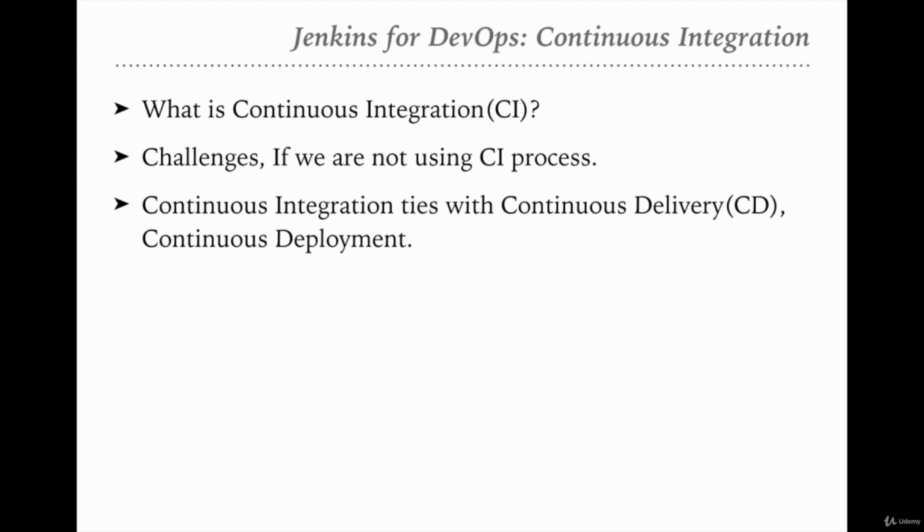After that, we will learn about how continuous integration ties up with continuous delivery and continuous deployment. We will also see why we use Jenkins for continuous integration. So let's start with continuous integration.